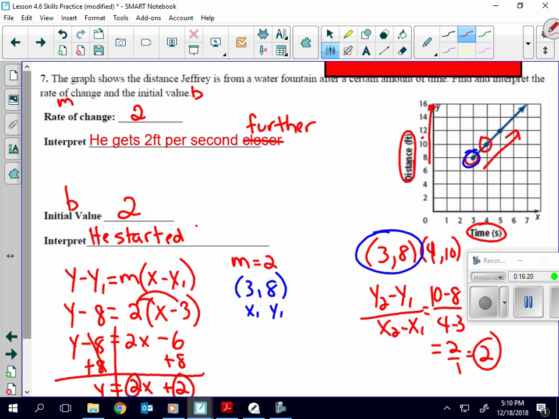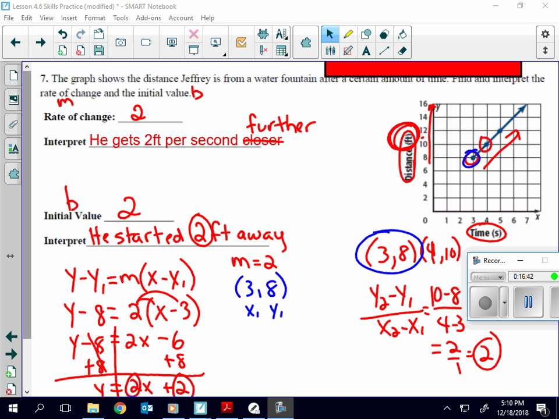Started 2 feet away. That's what the 2 is. Beginning. And of course, I know it's feet because it's the y-intercept and the y-axis is labeled feet. He started 2 feet away. So you're going to work on the rest of that worksheet and follow instructions in Google Classroom.